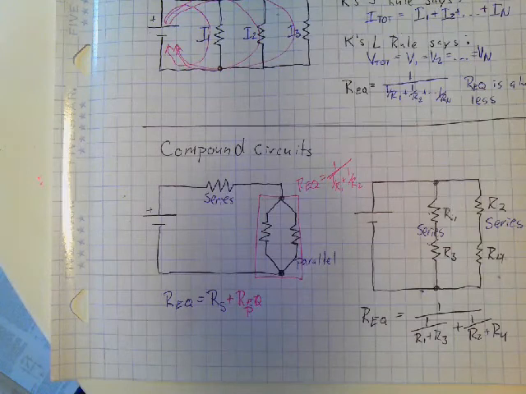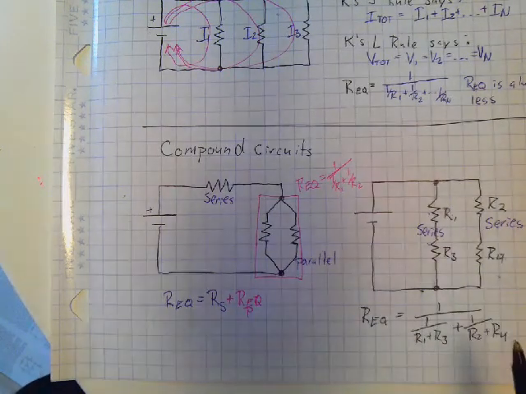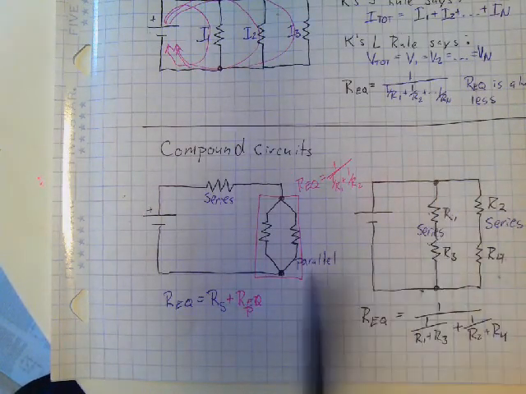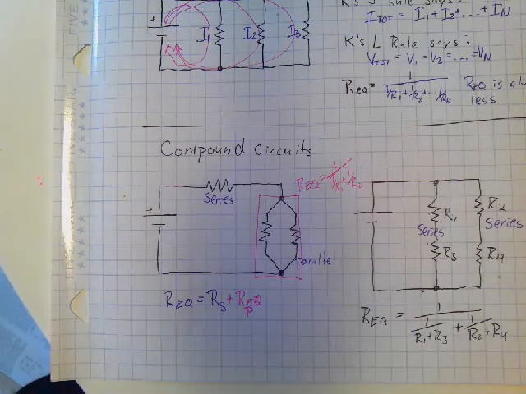So basically, no matter what compound circuit I have, I can look at it as a bunch of either series or parallel elements and add them up accordingly.